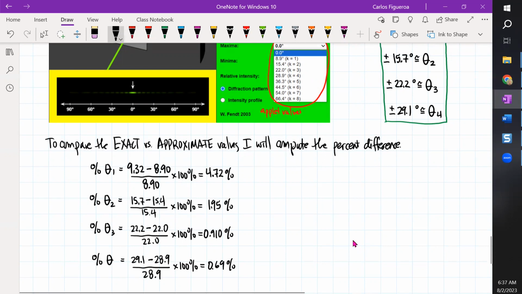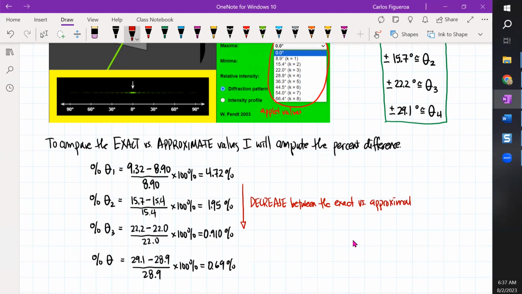So what you're seeing here is that as we get more terms, and further from the central max, there's a decrease between the exact versus the approximate value. The further I get away from the central maximum, the better the values get.